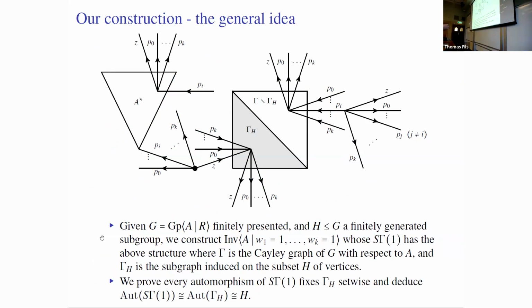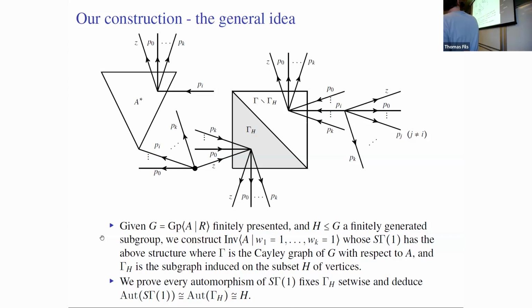There's a more general construction, which I'm certainly not going to try to explain, but it's in the spirit of what we were doing in those examples, where you start with a finitely generated subgroup of a finitely presented group, and we're able to construct this thing such that when we build the Schützenberger graph, its automorphism group is isomorphic to H, the group we started with, and somehow the picture looks like this.